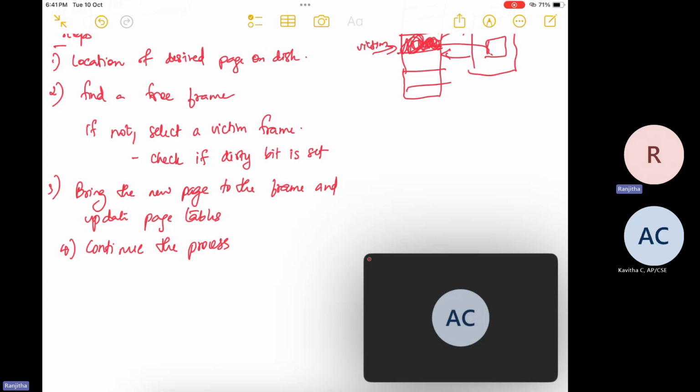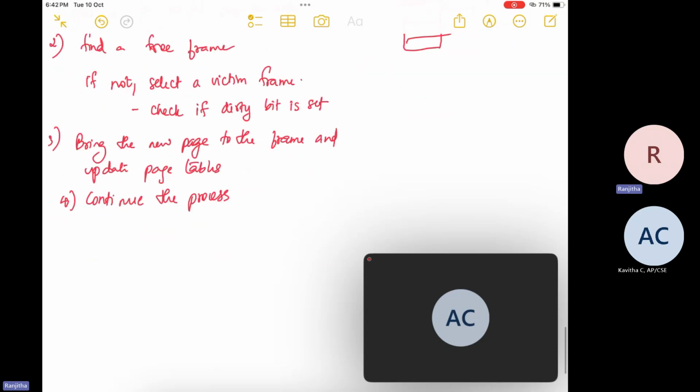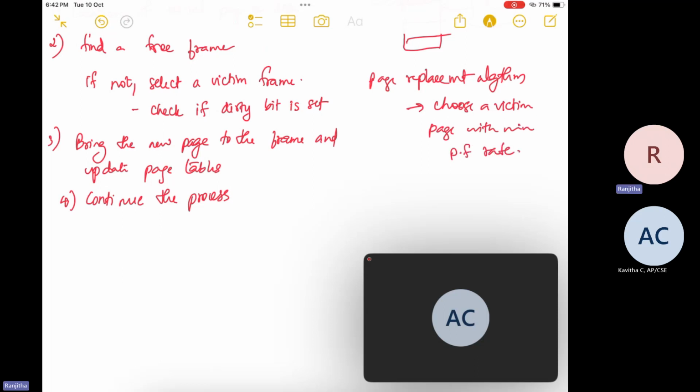That is the objective of the page replacement algorithm: to choose a victim frame that would result in minimum page fault rate. Okay, so let us see a couple of algorithms.